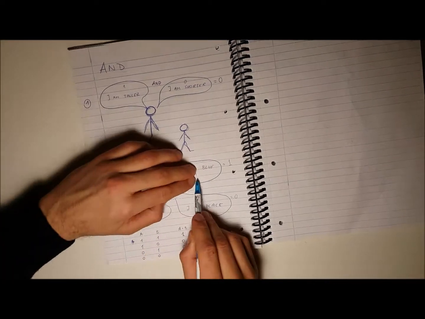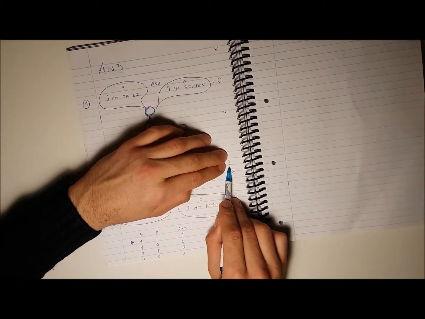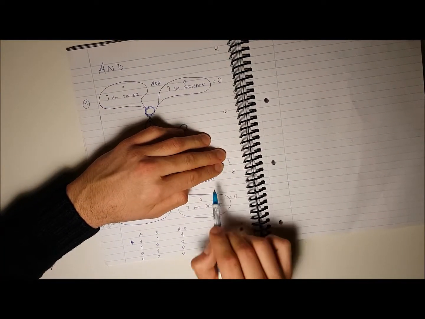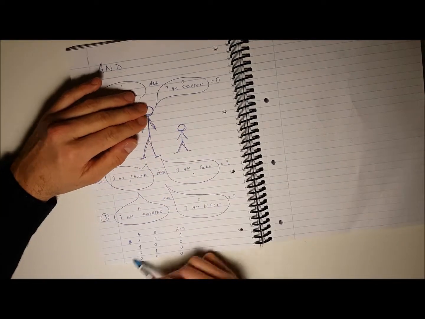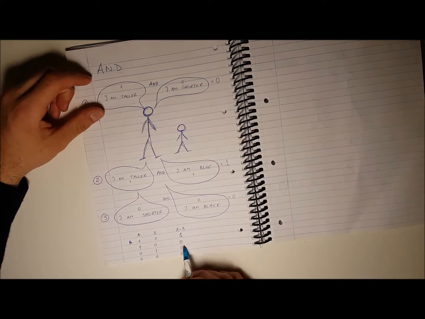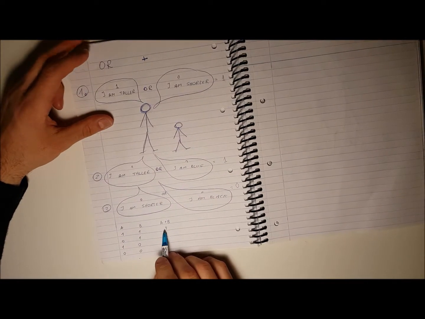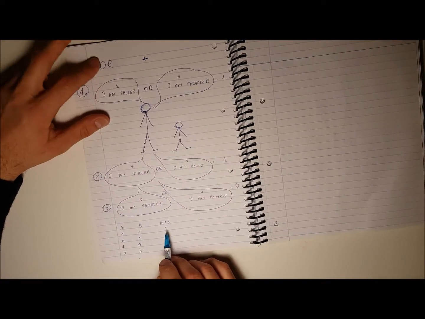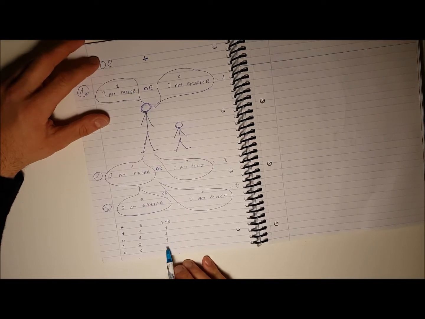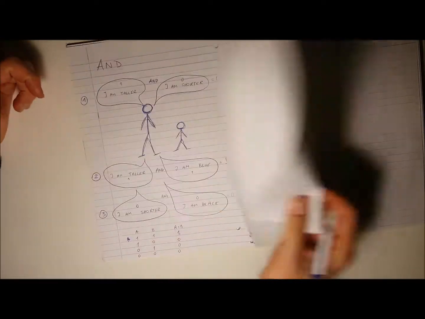And if you have true and true, AND will give you 1, then NAND will give you 0, and so on. So that will be just flipped: 0, 1, 1, 1. And in here, NOR, not OR, will give you 0, 0, 0, 1.